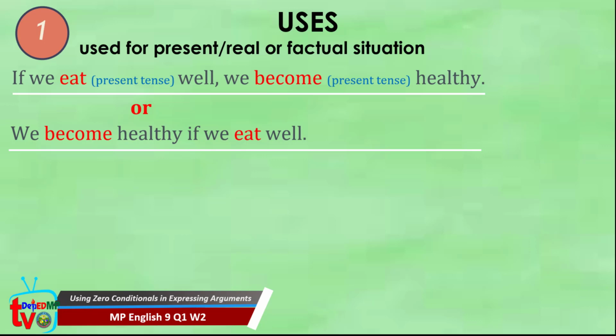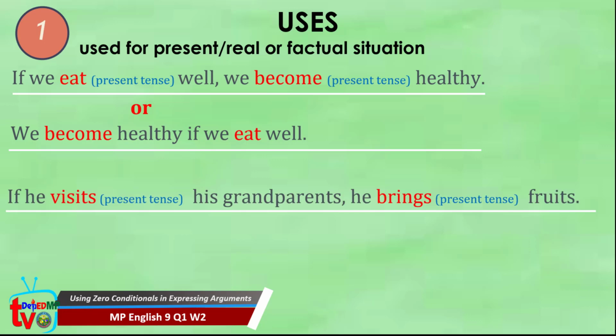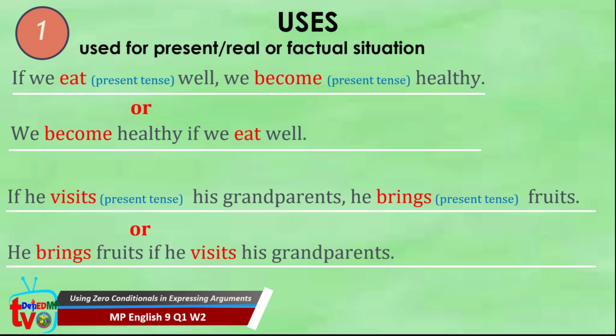The second example is if he visits his grandparents, he brings fruits. Or he brings fruits if he visits his grandparents. This example still shows factual situation even if it is not true to many or it is not true to all. But to a particular individual, it is still true.